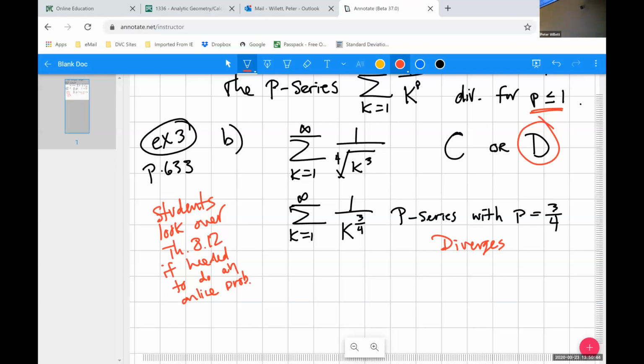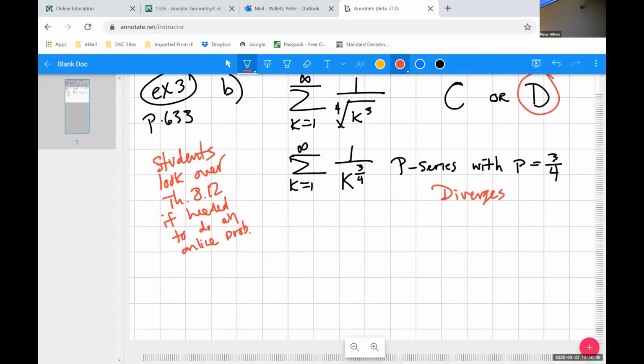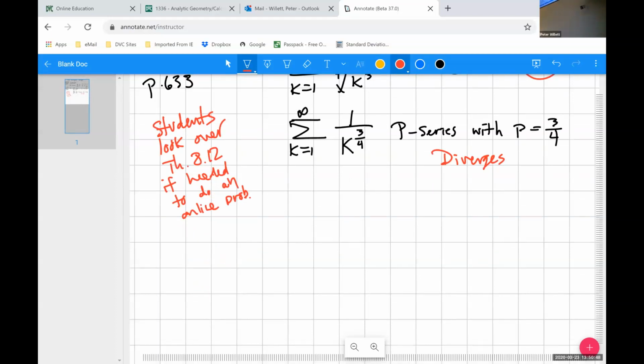Okay, so let's instead take a look at another theorem about how to manipulate stuff. So theorem 8.13 on page 636. And this is properties of convergent series.